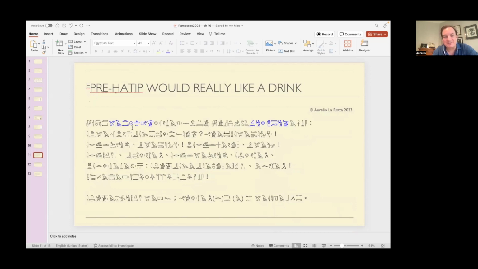I think the name's probably something like Pre-Hatip. So I put a little helping vowel. If that's accurate or not, I don't know. But this looks like Coptic to me, basically. He's writing to somebody else. The guy's name is Ken Khepshef. That's the addressee. And the message itself is kind of humorous, so I'll leave that as an exercise for next time. And we'll just send it out.